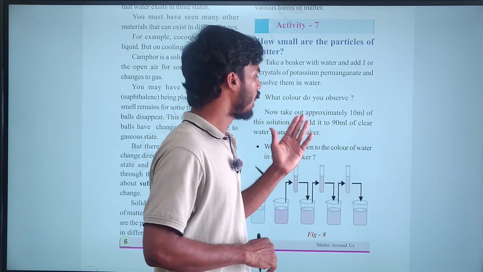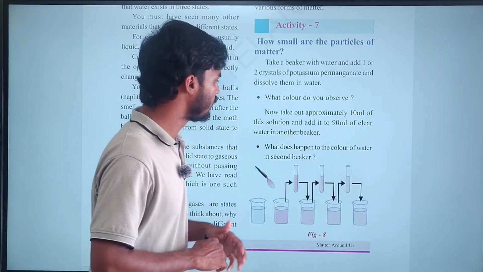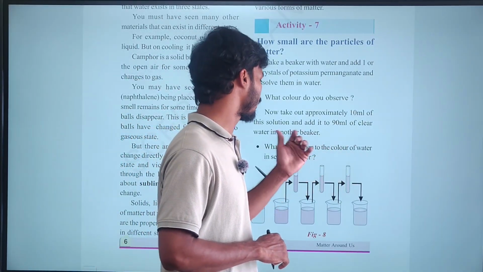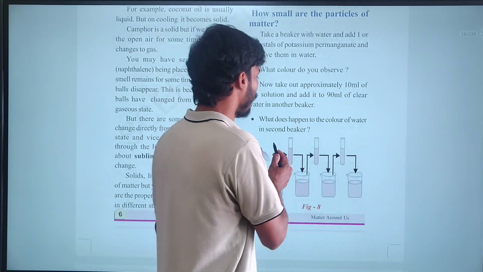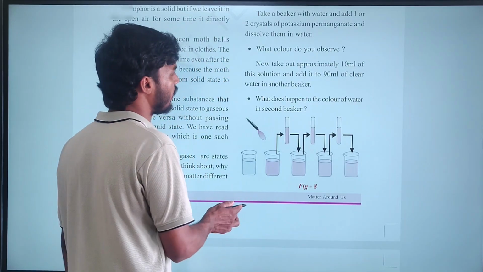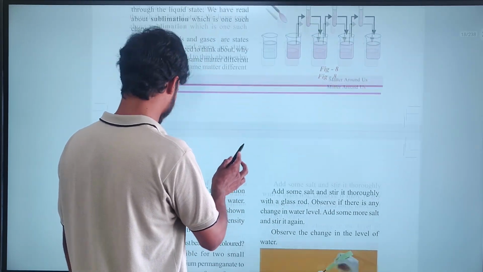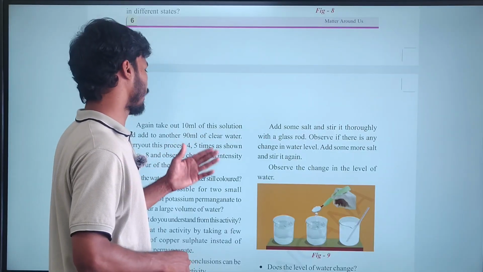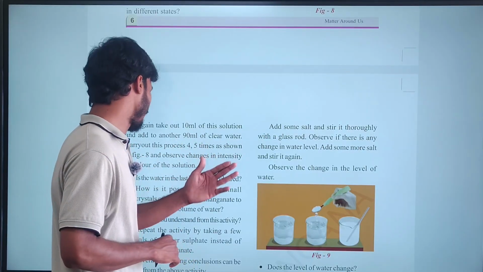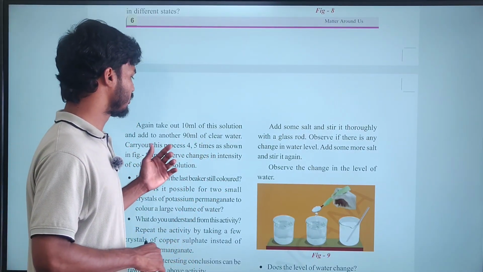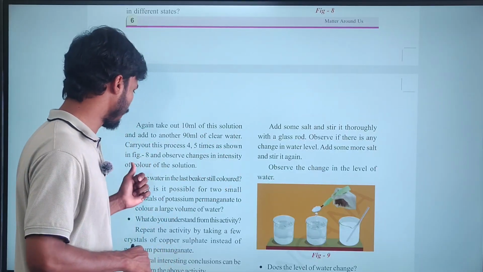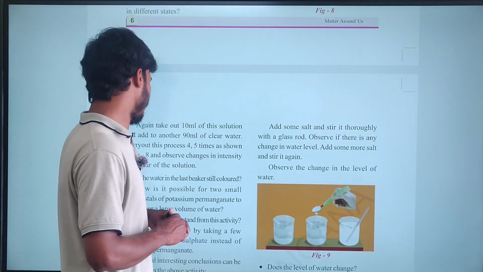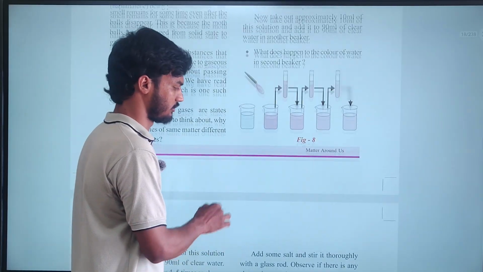Now take out approximately 10 ml of the solution and add it to 90 ml of clear water in another beaker. What happens to the color of the water in the second beaker? Again take 10 ml of solution and add to another beaker of 90 ml of clean water. Carry out this process 4 to 5 times as shown in figure 8 and observe the changes in intensity of the color of the solution.